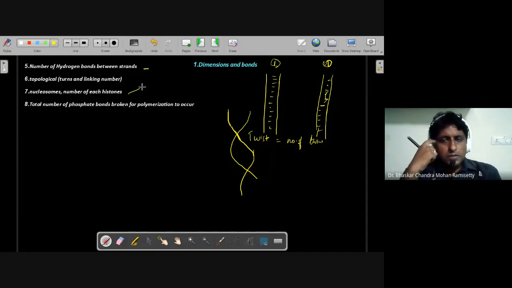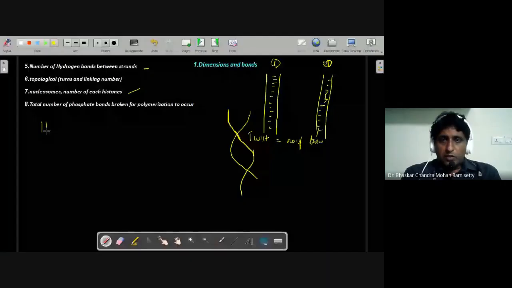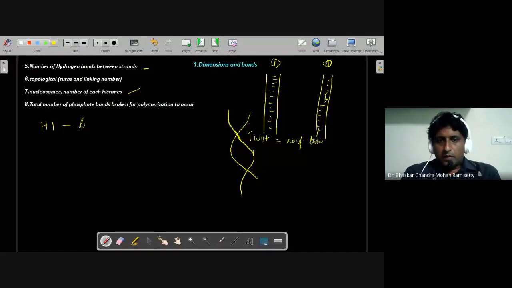The other one is nucleosomes. So I hope you know the sequences that I've given you are actually prokaryotic. But just for our understanding's sake, I hope you know what nucleosomes are. There are 5 different histones: H1, which is a linker histone.